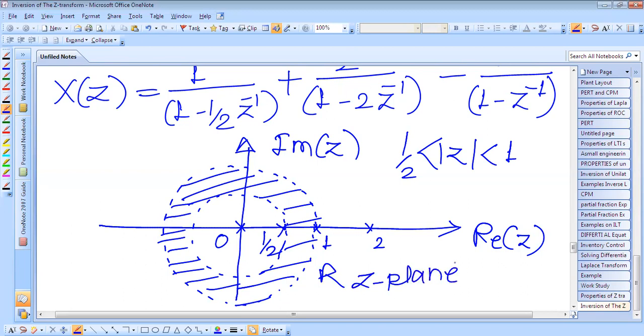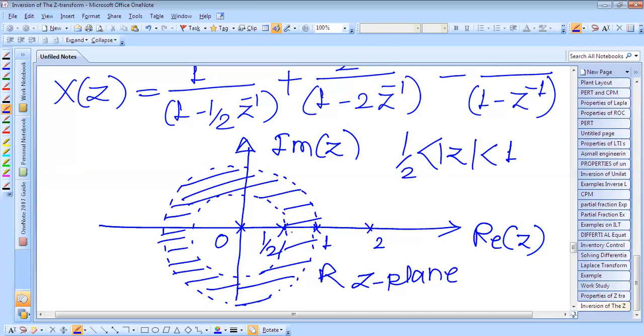Now the ROC has a radius greater than the pole at z equal to half.